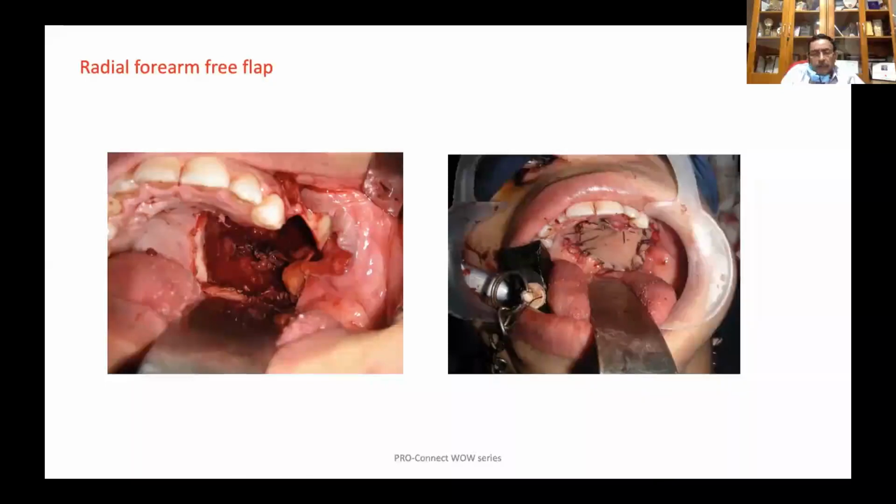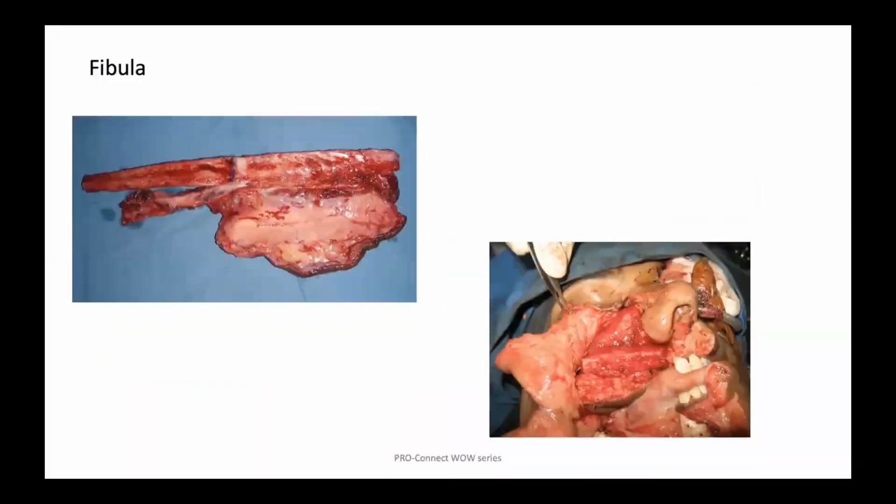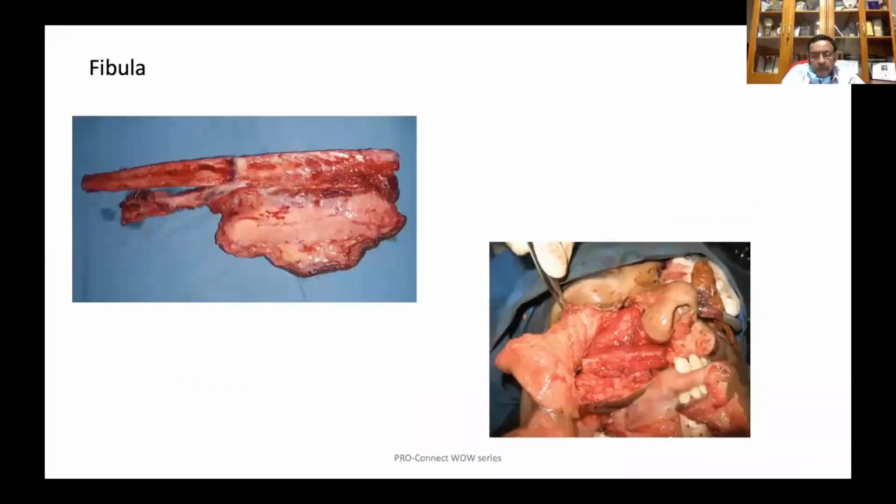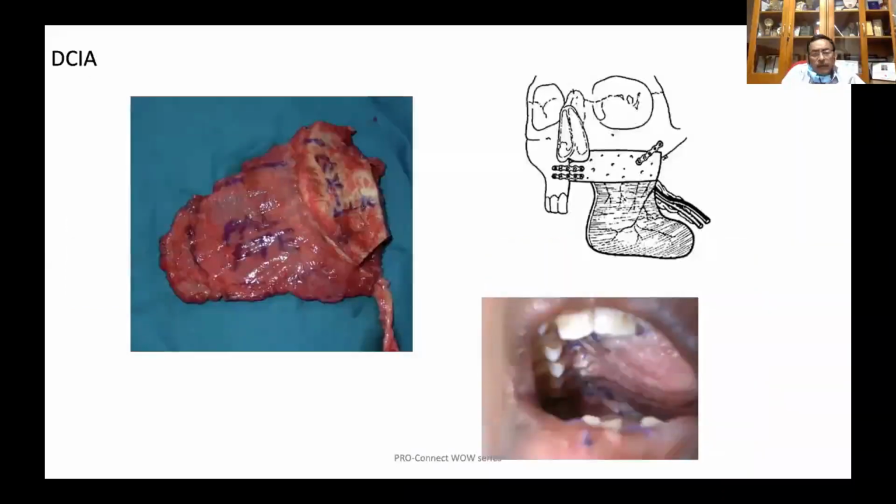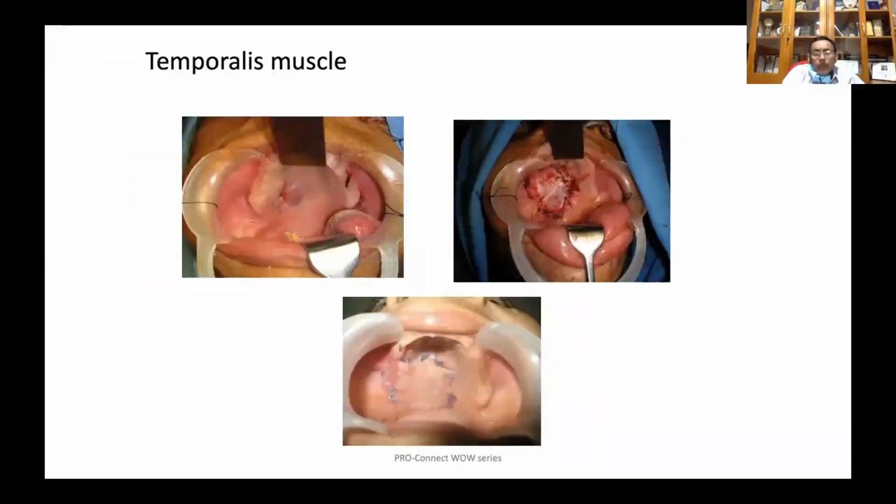This is a simple radial forearm flap. This is a fibula with a bone flap where skin is used for oronasal separation. DCIA with the internal oblique muscle also will help you do that. And the simplest one is using a temporalis myofascial flap, which will obliterate the defect.